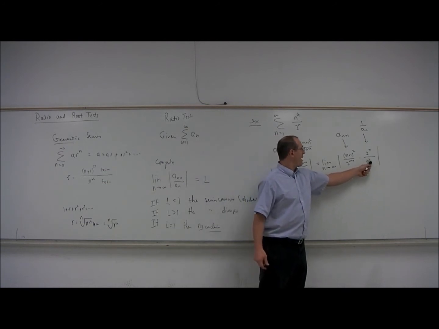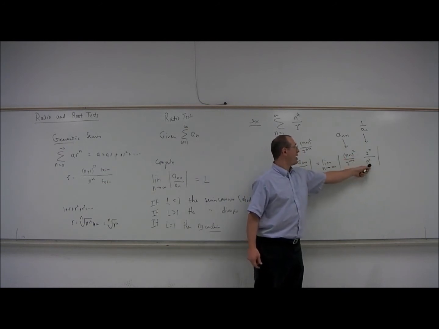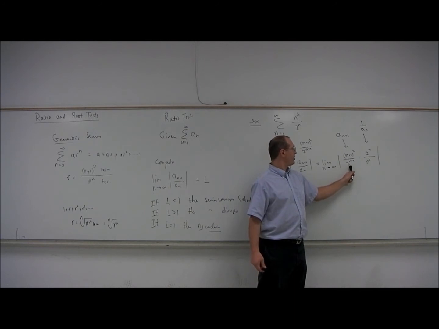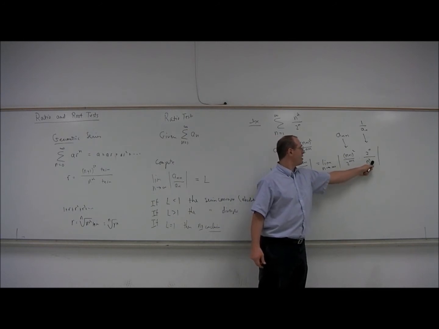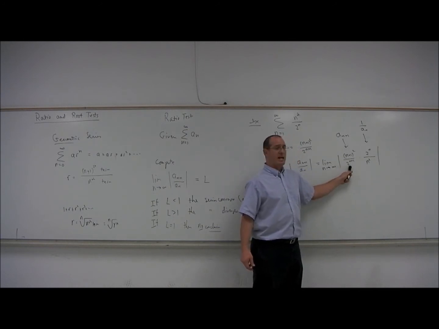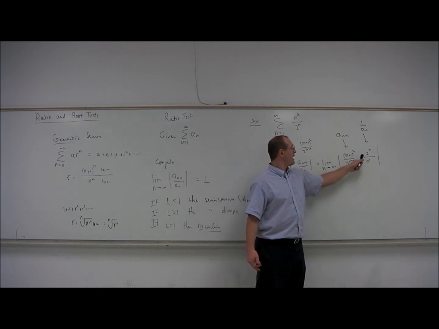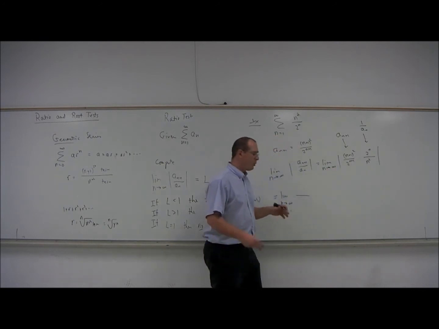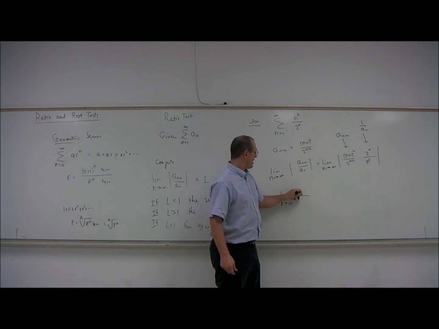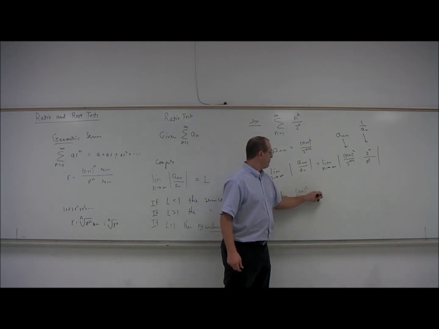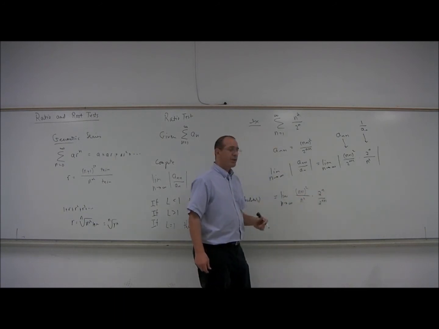There's the n to a power, n plus 1 to a power, the squares, and then there's the exponentials. So the power functions, n squared and n plus 1 squared, and the exponentials, 2 to the n and 2 to the n plus 1. So I want to group them together. So I have n plus 1 squared over n squared times 2 to the n over 2 to the n plus 1. So just a little bit of bookkeeping.